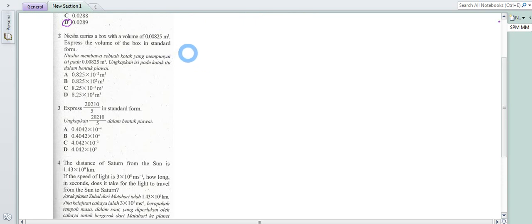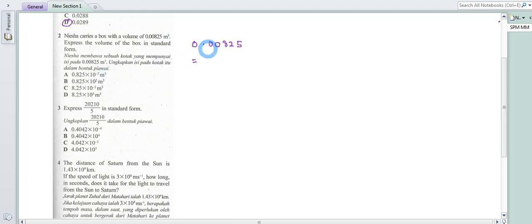Nisa carries a box with a volume of 0.00825 cubic meter. Express the volume in standard form. Okay, this is very straightforward. We don't have a change of unit because the question is given in cubic meter and the answer is also in cubic meter.